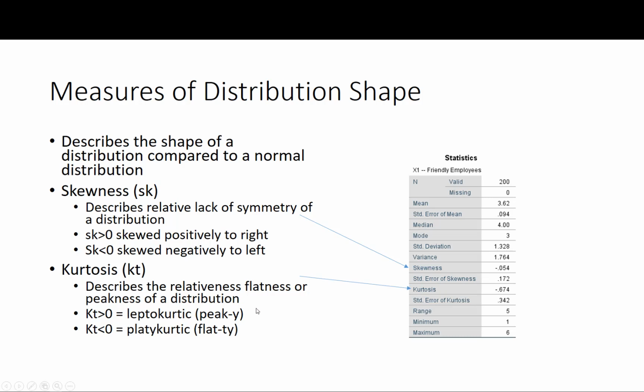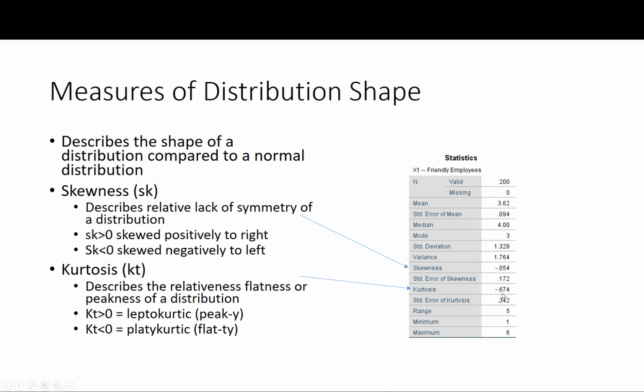And kurtosis describes the flatness versus peakiness of the distribution. This has got some funny words here. Leptokurtic, which is the peaky, so pointy, if it's greater than 0, would suggest that it is more pointy than expected, whereas less than 0 is platykurtic, which I called flatty, so more like a plain or hill-like distribution.